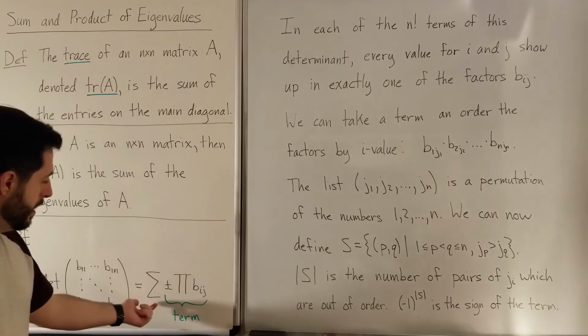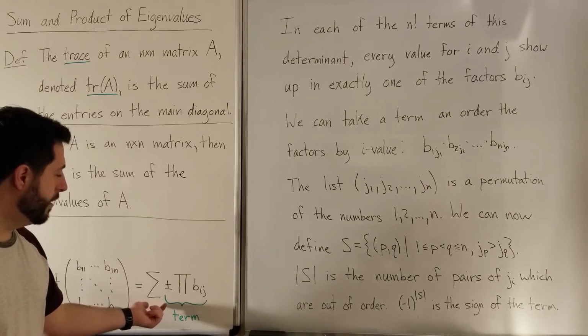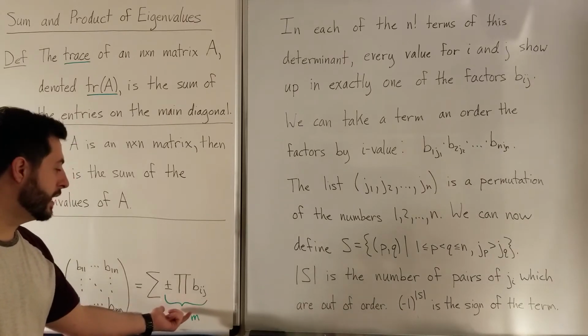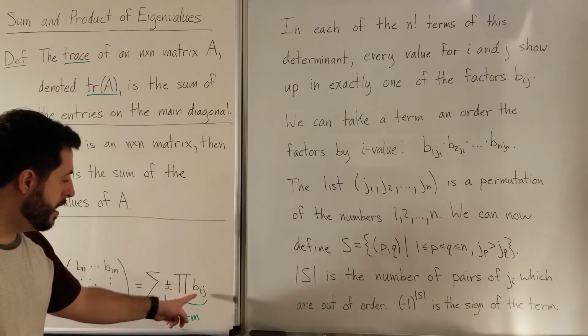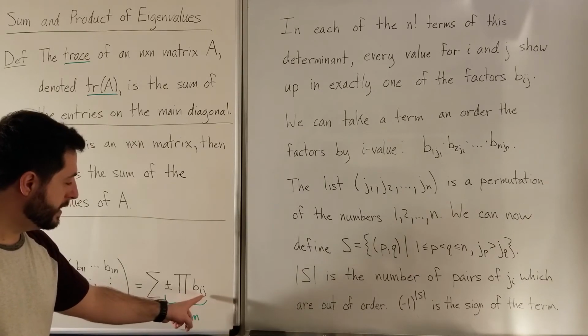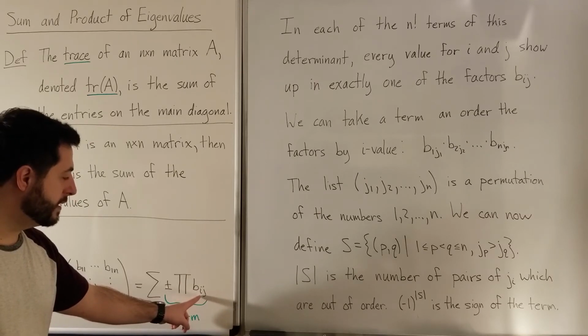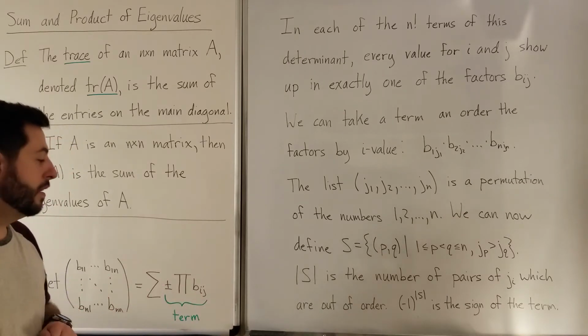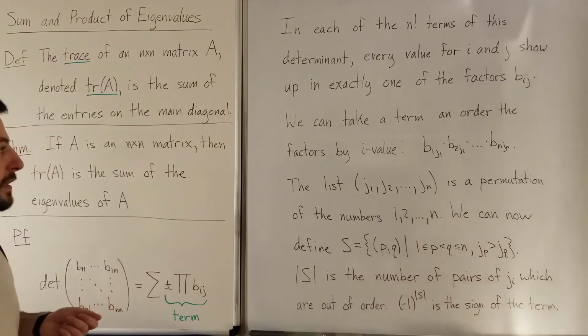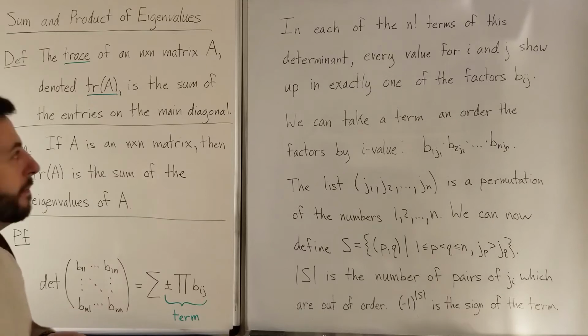This sum has n factorial different terms that we're adding up. In each of those terms, we have a bunch of b_ij's, and each i appears exactly once in the term, and each j appears exactly once in the term, where the i and j values range between 1 and n.